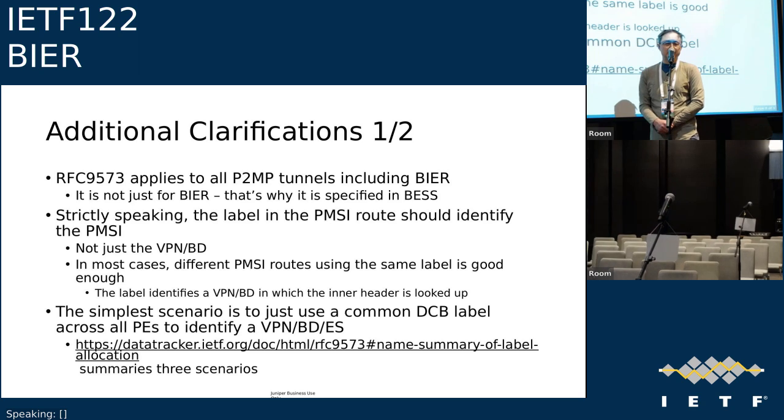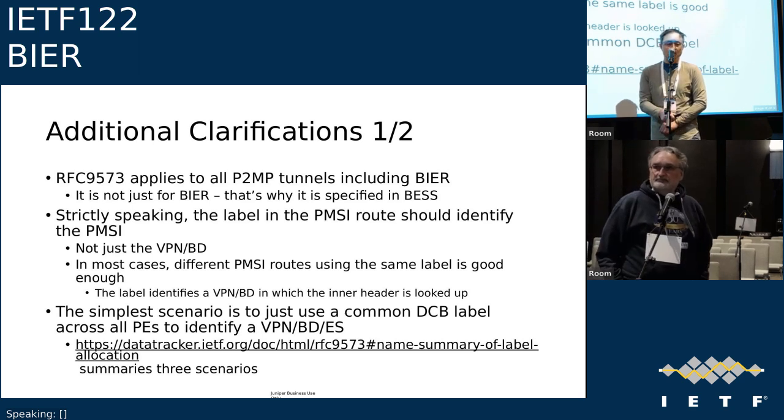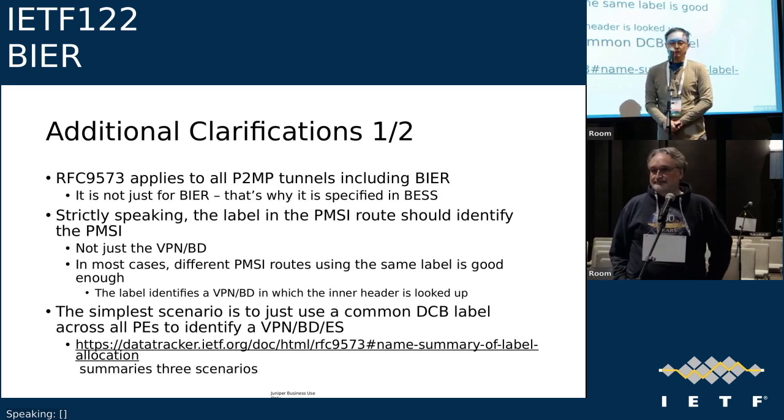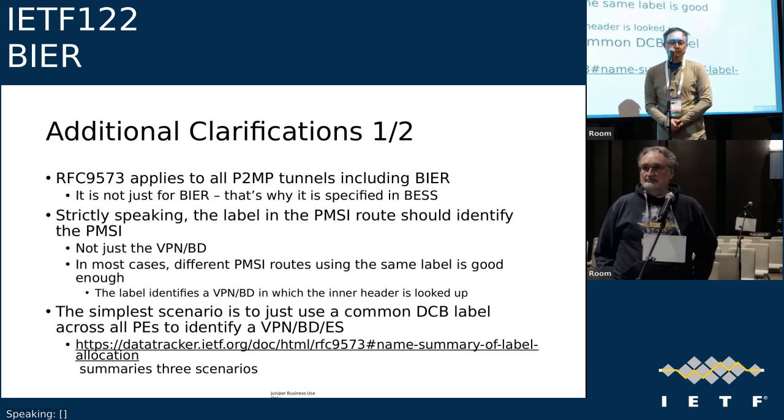Right. The upstream assigned label concept does apply to multicast as well, and that's what RFC 6514 and RFC 8556 used. Now, for our BIER purposes, the existing signaling defined in RFC 9573 still applies. The real key is the terminology. Indeed, it's the terminology.